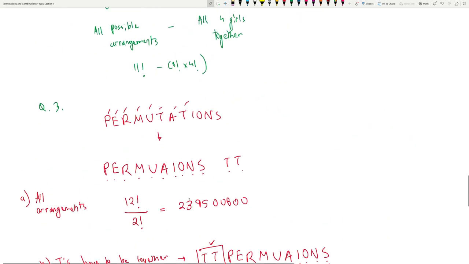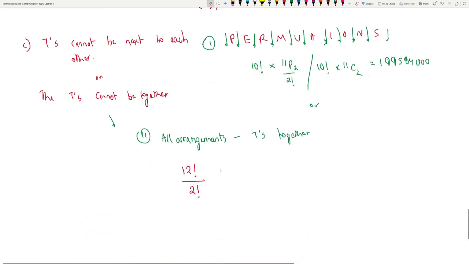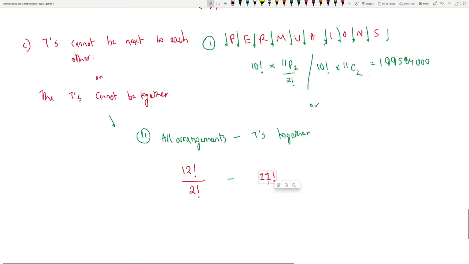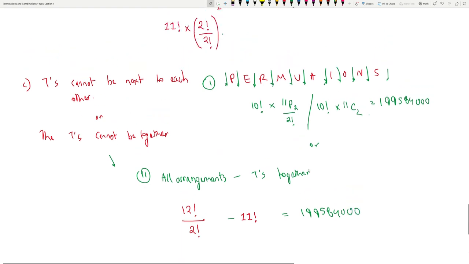So that is basically this value over here minus this value over here. And I'll show you that this is the same answer. 12 factorial by 2 minus 11 factorial. And I get 199584000. So that's confirmed.